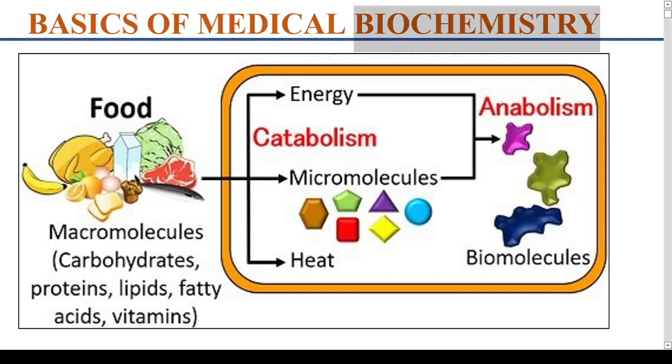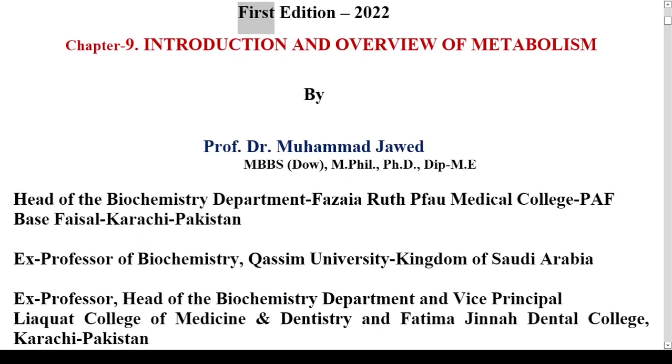Basics of Medical Biochemistry. First edition, 2022. Chapter 9. Introduction and Overview of Metabolism. By Professor Dr. Muhammad Jawad, MBBS, MPhil, PhD, Dip M.E. Head of the Biochemistry Department, Fazaia Ruth Pfau Medical College, PAF Base Faisal, Karachi, Pakistan.